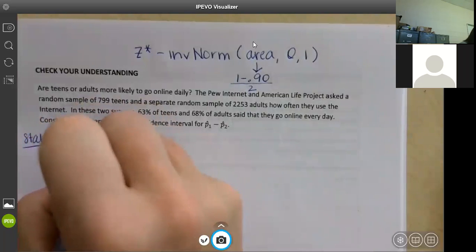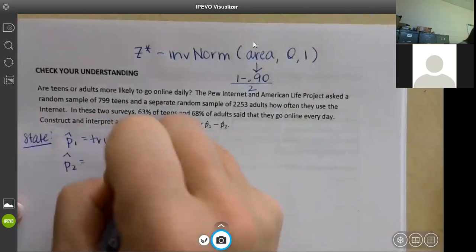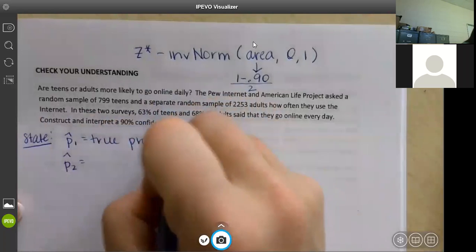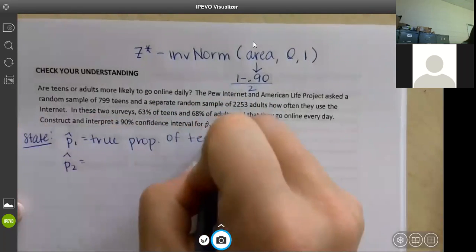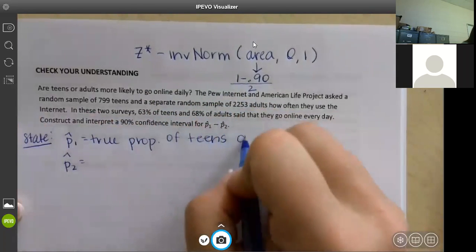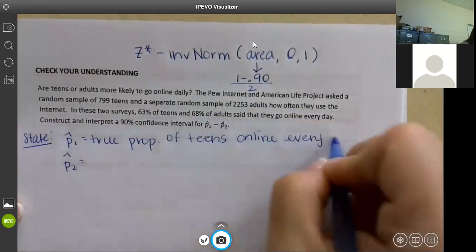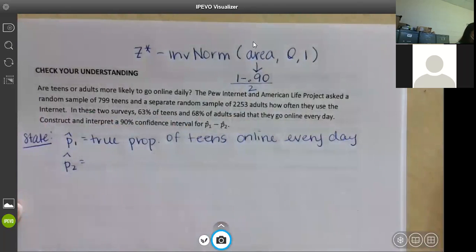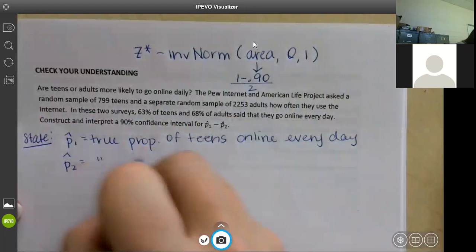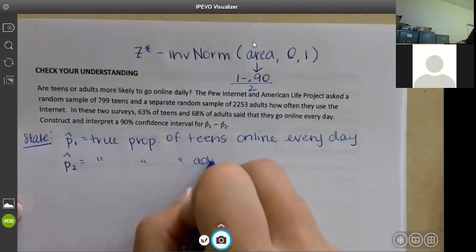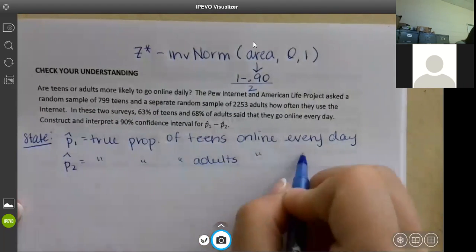P hat 1 is the true proportion of teens online every day. And p hat 2 is the true proportion of adults online every day.